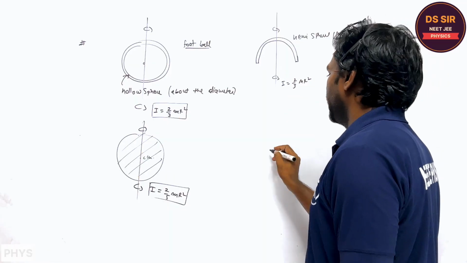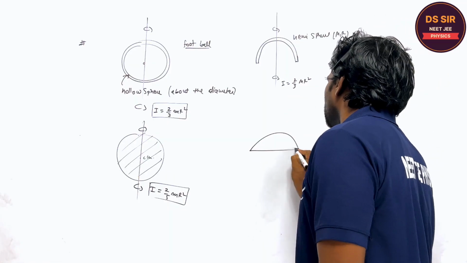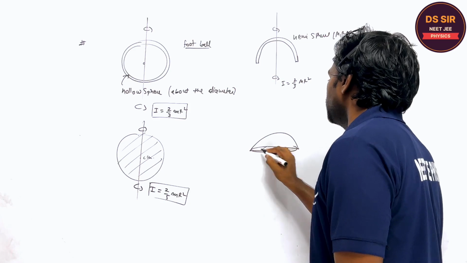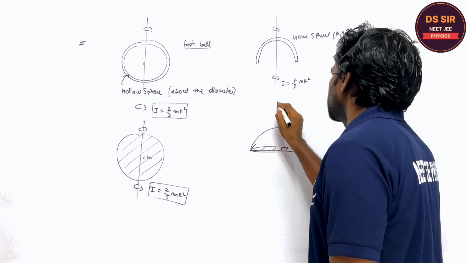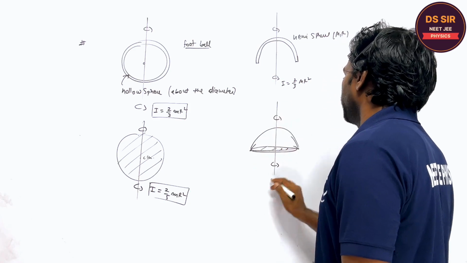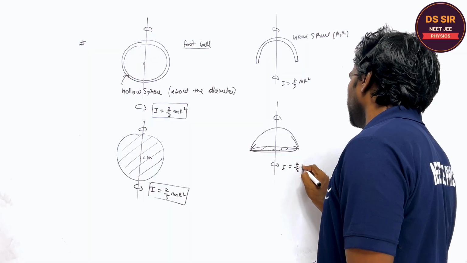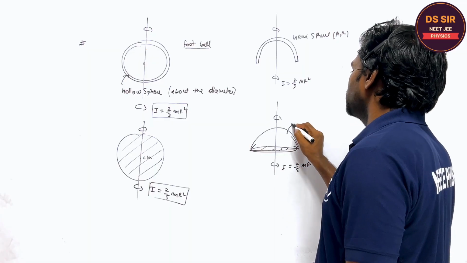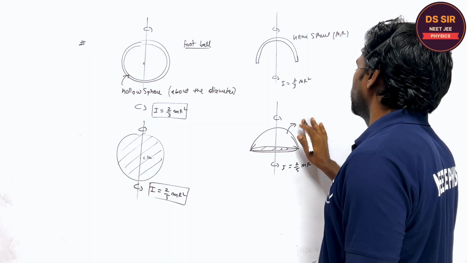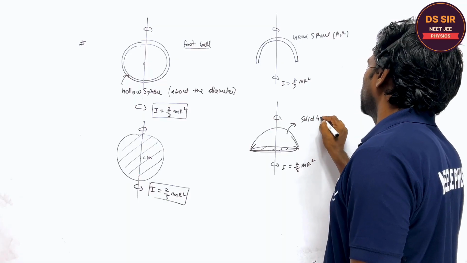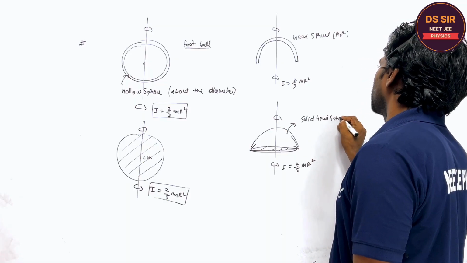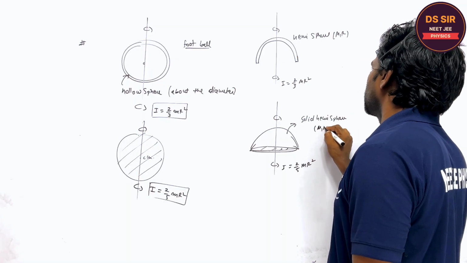Is it clear? And if you consider the solid hemisphere, the moment of inertia is 2/5 mr square, with mass m and radius r.